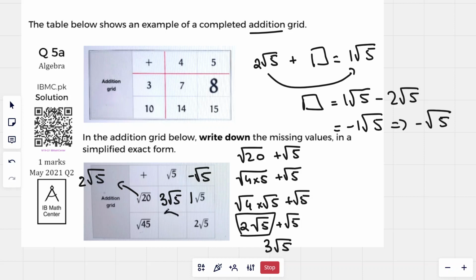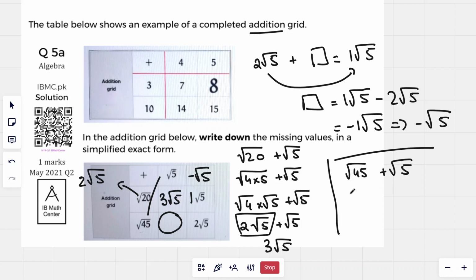We're left with 1. This is going to be the sum of square root 45 and square root 5. So square root 45 added to square root 5. Again, we're going to try and write down 45 as a multiple of 5, and we know that's 9 times 5.